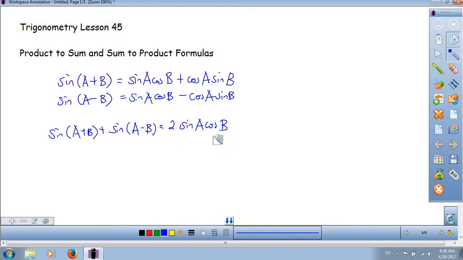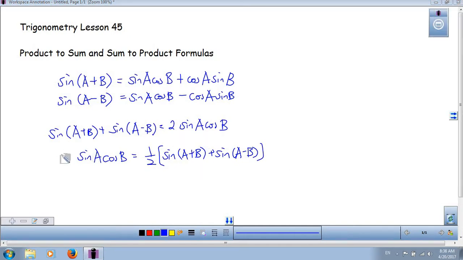We can divide both sides by 2, and we'll get sine A cosine B equal to one half of sine A plus B plus sine A minus B. This is how we get one of the first product to sum formulas.